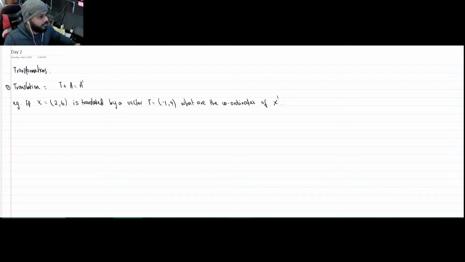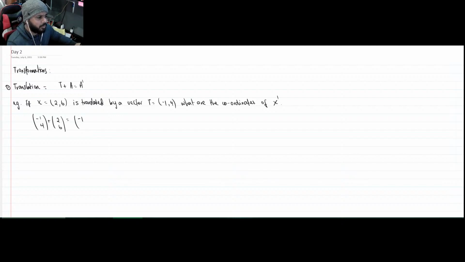And this works for all points. I will have x, which is (2, 6), and the only thing we have to do is bring it into column form. So instead of having 2 and 6 next to each other, I'll have 2 and 6 above and below. Same thing for the translation vector t, (-1, 4), plus (2, 6) is equal to x prime, and I just add each corresponding component.